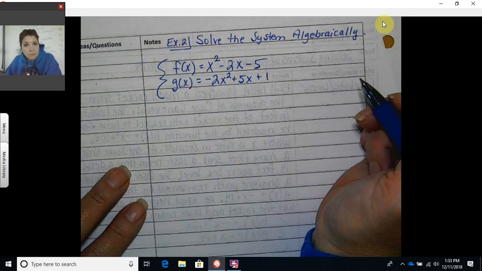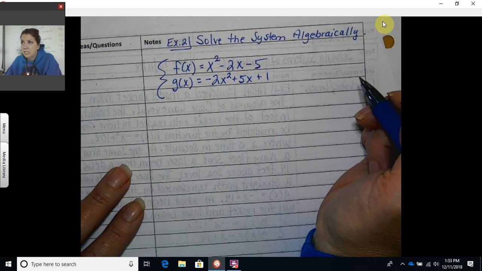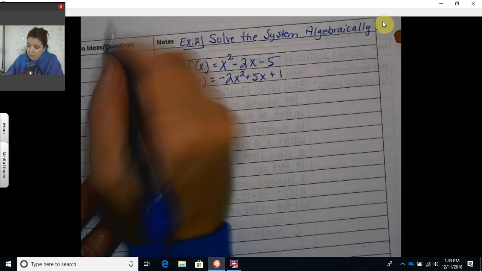So do I have a circle and a line, a parabola and a parabola, circle and a circle, line and a line? What do I have? 2 parabolas, right? They're both quadratic functions. Quadratics make parabolas. So I want to know when these 2 parabolas intersect, if they intersect.